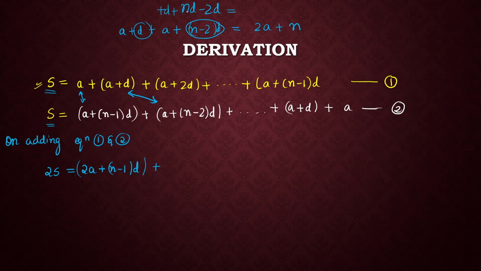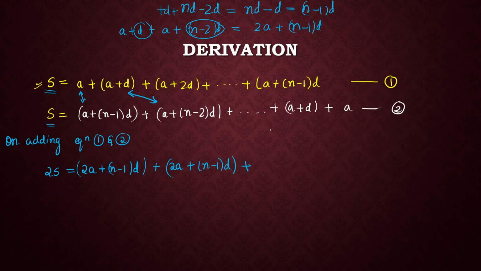So it becomes nd minus d, because minus 2d plus d is minus d. This is nothing but (n minus 1) into d if I take d common. So this is 2a plus (n minus 1) into d, the same thing I'm getting here. So on adding the two corresponding terms, I get 2a plus (n minus 1) into d.